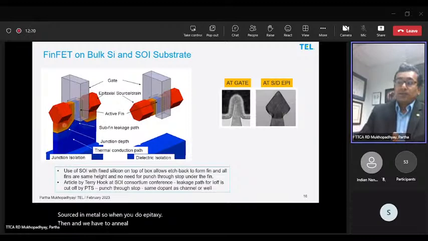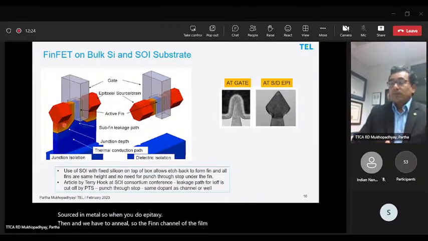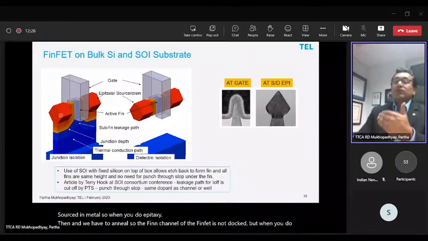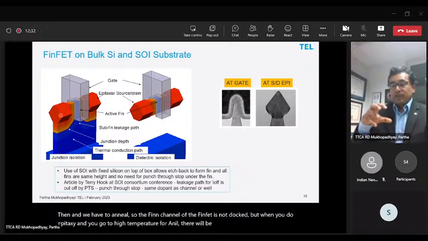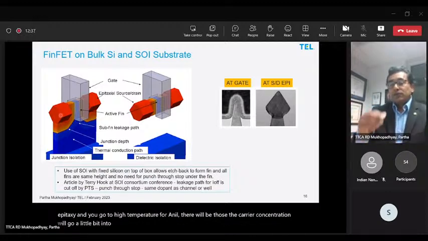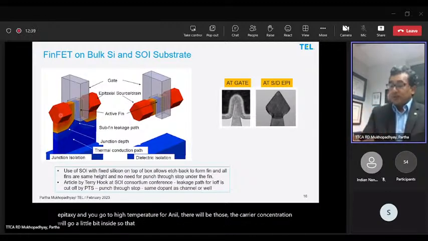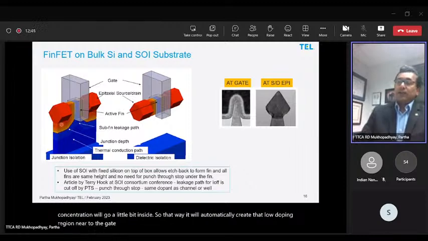The fin channel of the FinFET is not doped. But when you do epitaxy and go to high temperature for anneal, the carrier concentration will go a little bit inside. So it will automatically create a low doping region near the gate and a highly doped area here.